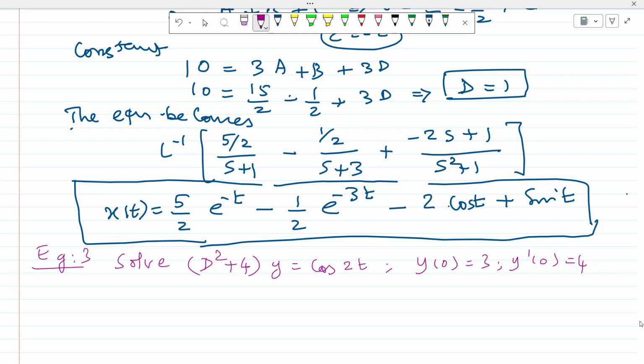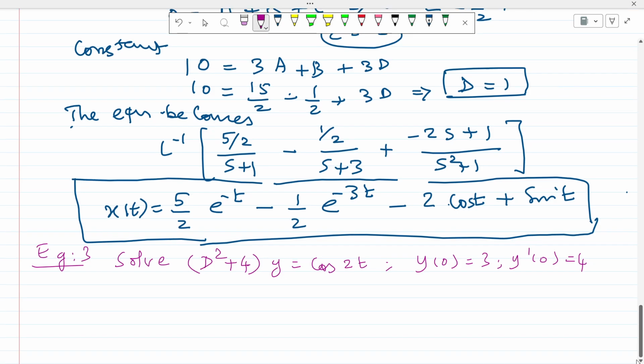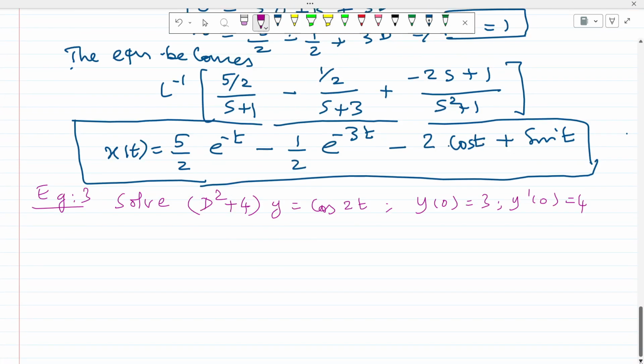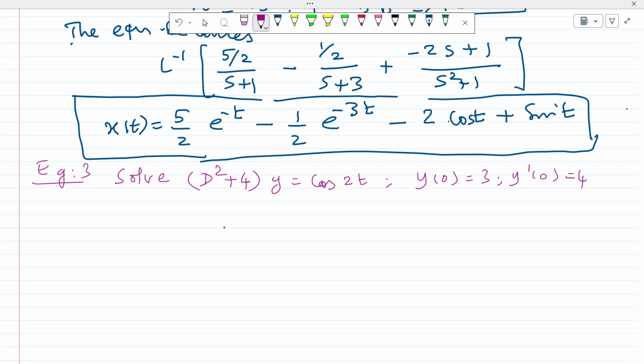Are they writing or not? Okay, now you can solve with me this one. Step by step we can write here. Write the solution for this.